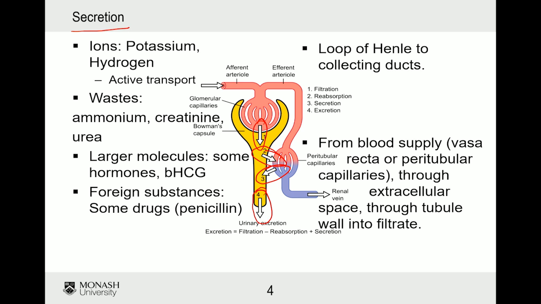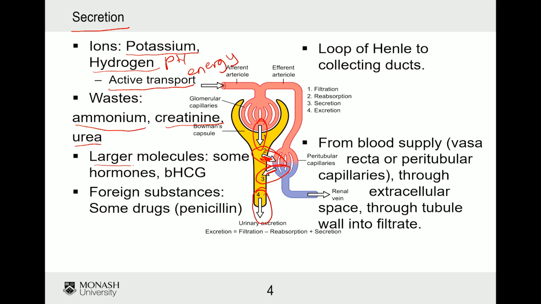Important substances that are secreted are potassium and hydrogen. Hydrogen, of course, being pH, and this requires active transport, so it takes energy to do this. The wastes ammonium, creatinine and urea are also secreted. These are sometimes reabsorbed and then secreted again.